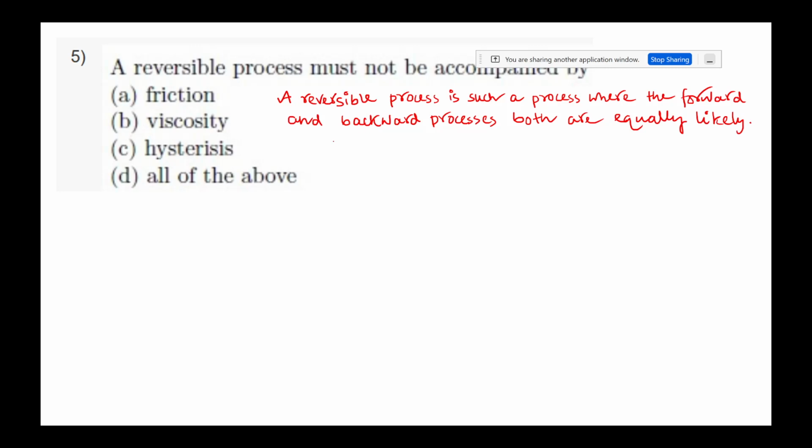What does equally likely mean? Equally probable. Okay.